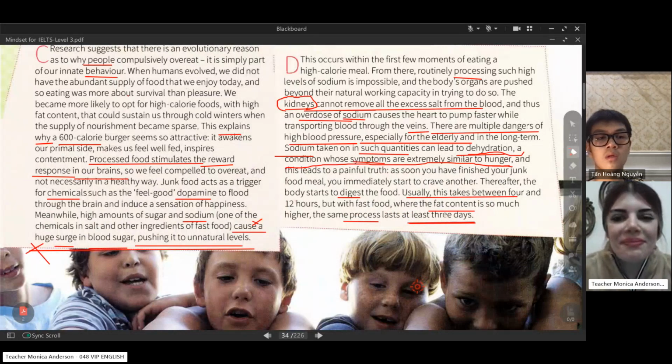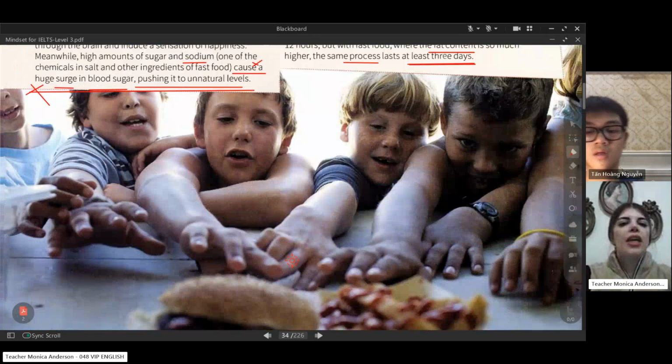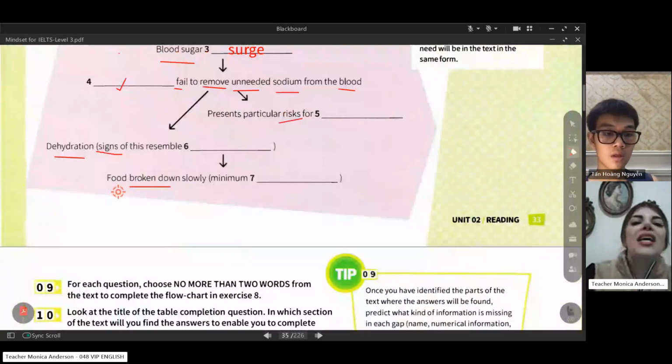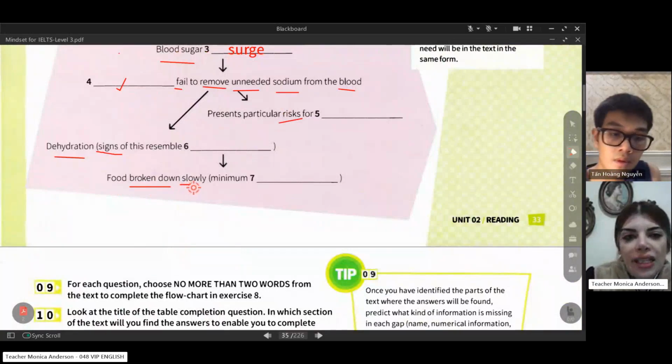I don't get it, teacher. Let me say. Here you need to paraphrase. Food broken down slowly.